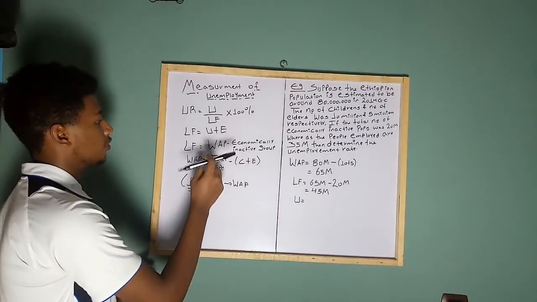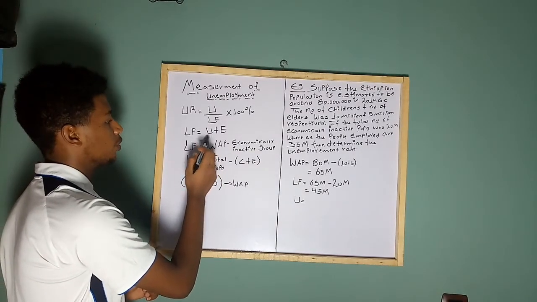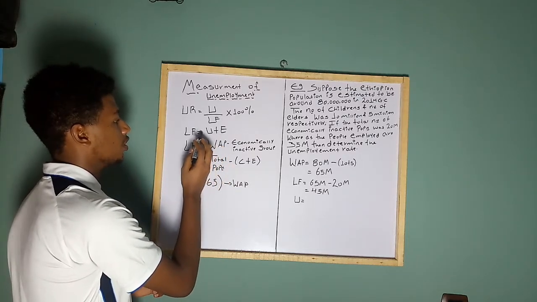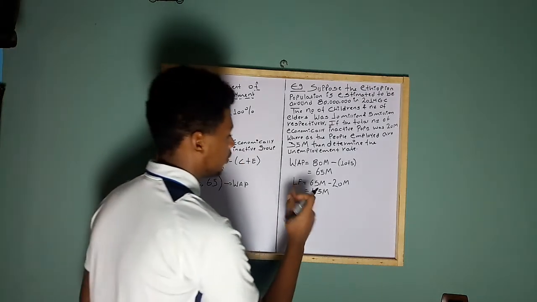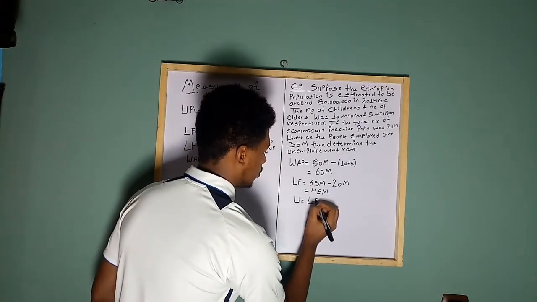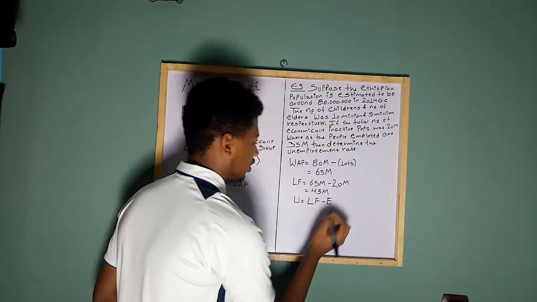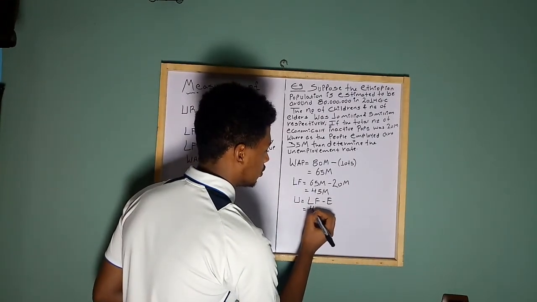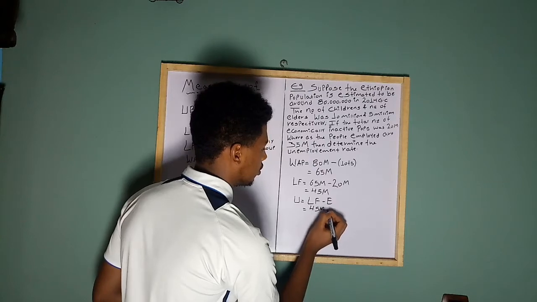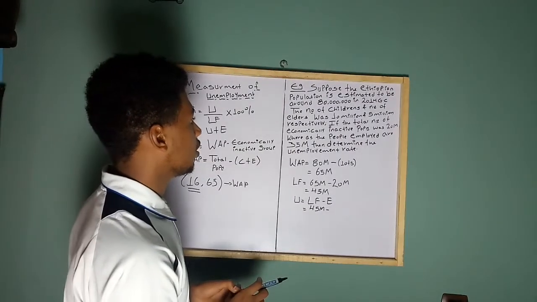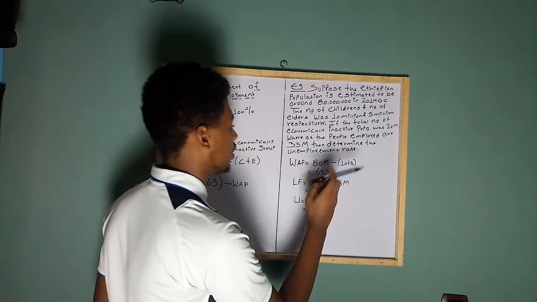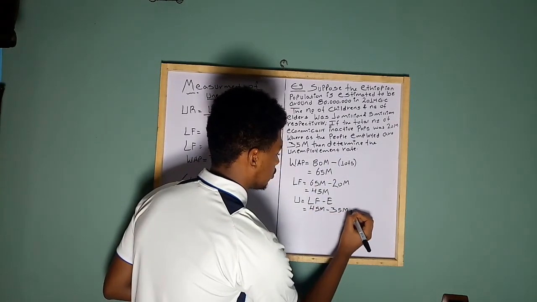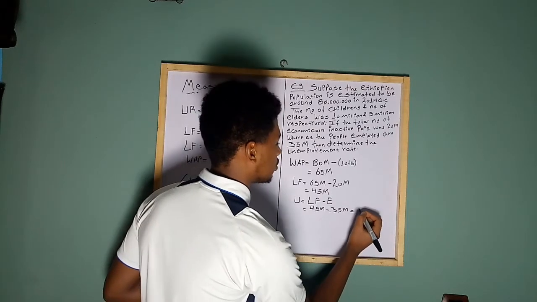We can derive the formula of unemployment from this formula. That is, unemployment is labor force minus employment. So we have already calculated the labor force, it is 45 million, minus the employed, which is given here, 35 million. So the unemployed is 10 million.